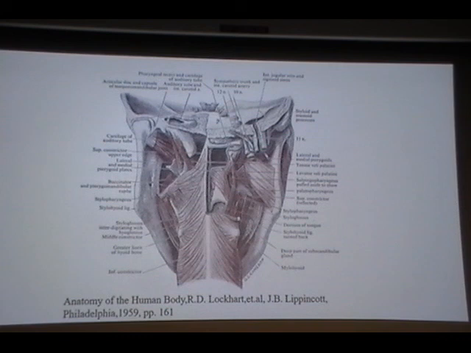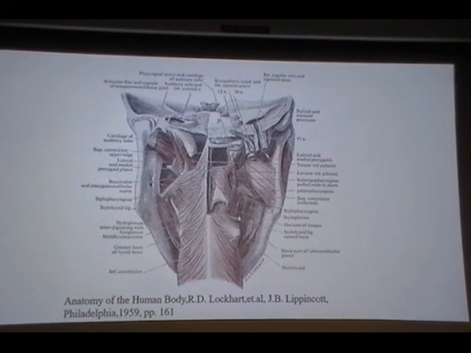The pterygomandibular raphe. When we do injections, and we'll talk about this, here's the mandibular foramen. We want to inject lateral to the pterygomandibular raphe so that we can stop the needle at bone and then slide it back to the inferior alveolar foramen.